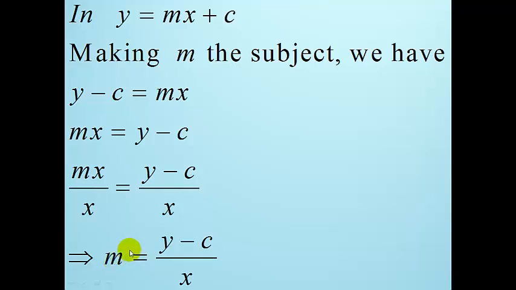This is equal to, when we divide y minus c also by x, y minus c divided by x. Now, this implies that m is equal to y minus c over x. So we can see that the m now stands alone. That means that m is the subject. That is how we make m the subject from the equation y equals mx plus c.